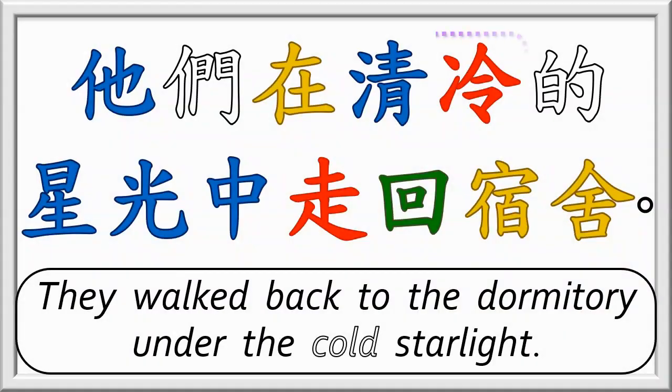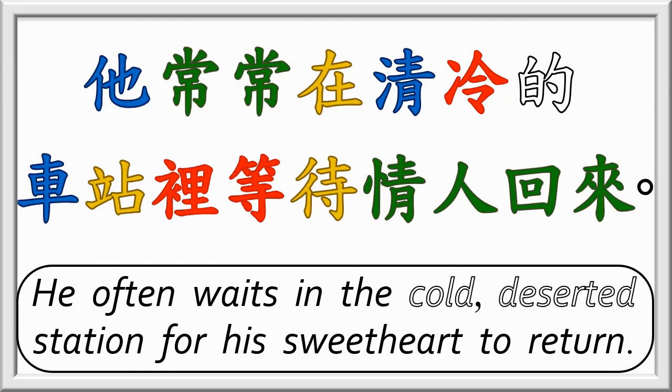Chilly, deserted, or desolate can be expressed by the phrase 清冷。他们在清冷的星光中走回宿舍。They walked back to the dormitory under the cold starlight. 他常常在清冷的车站里等待情人回来。He often waits in the cold, deserted station for his sweetheart to return.